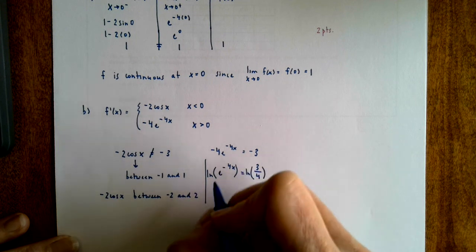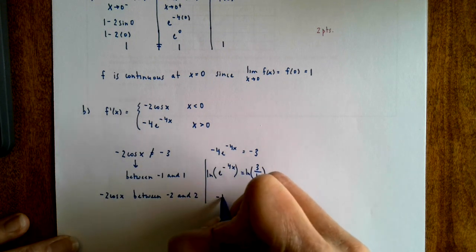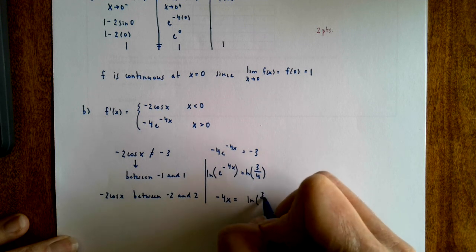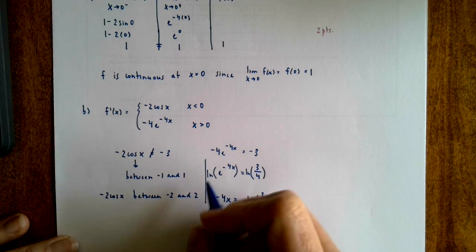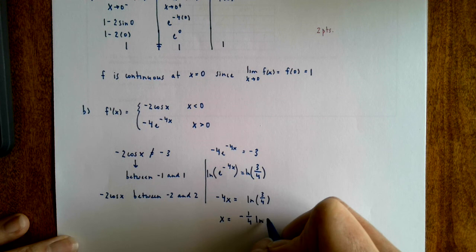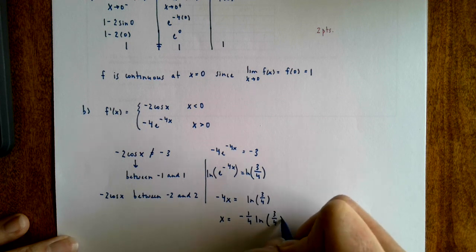So now I've got the natural log of e to the negative 4x, which is just negative 4x, equals natural log of 3/4. So then to get this by itself, I'm going to multiply by the reciprocal. So I get x equals negative 1/4 times the natural log of 3/4.